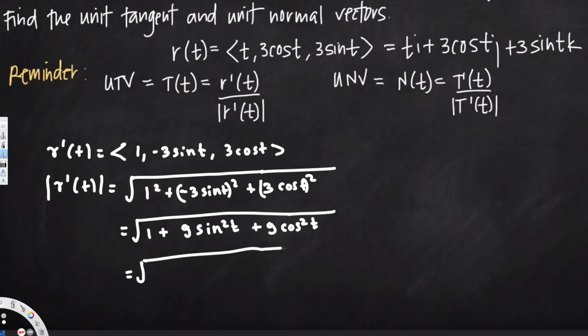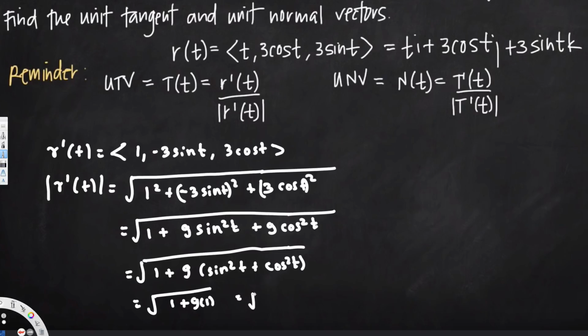We can keep the 1 plus, and take the 9 common, sin squared t plus cos squared t. You can already see that this is a trig identity. When we have sin squared t plus cos squared t, we can replace it with 1. So this is 1 plus 9 times 1, which gives us the square root of 10, because 9 times 1 is 9, and 9 plus 1 is 10.